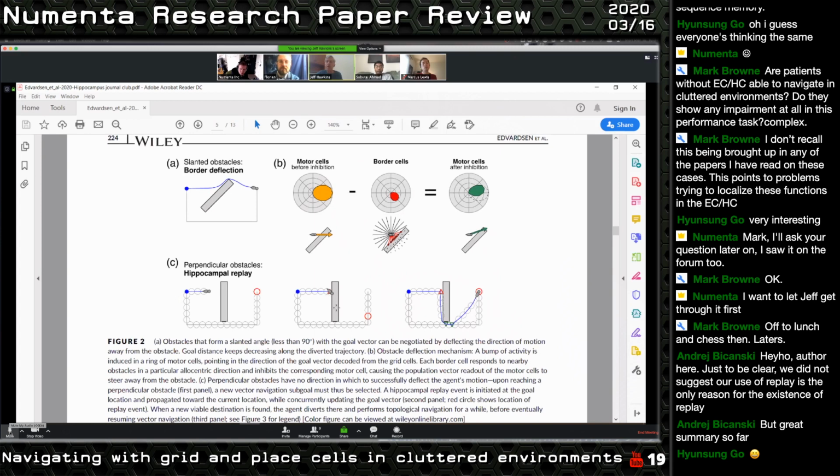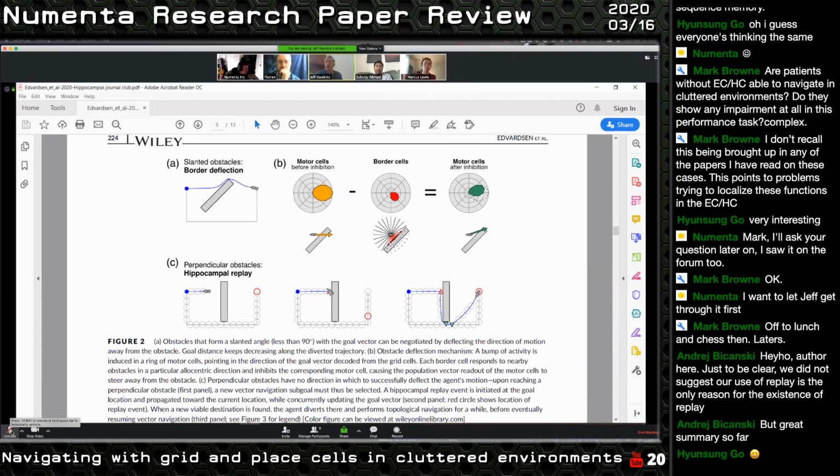So it seemed to me that even when the red circle was here, the deflection strategy would work at that point in time. The animal could say, oh, I can start moving in that direction. That's not the way they described it. They waited till the red circle got all the way to this clear shot. And once they got a clear shot, the animal says, okay, I can get there clearly, I don't have any obstacles in front of me, I'm going to go. It wasn't clear to me why it had to be that way.